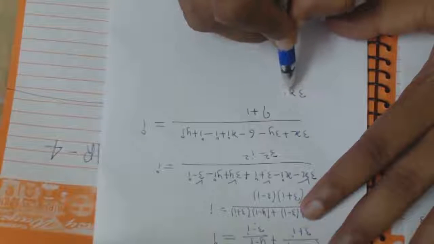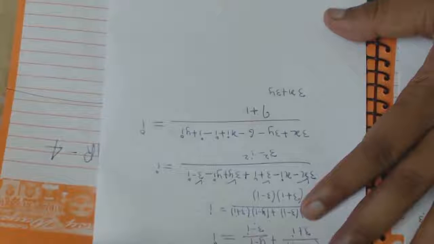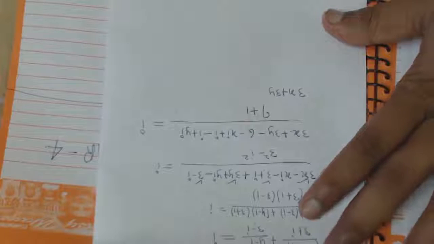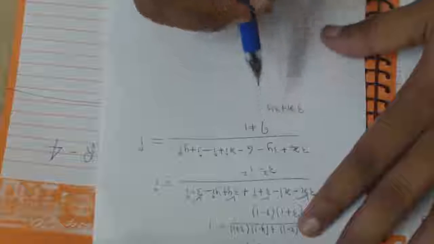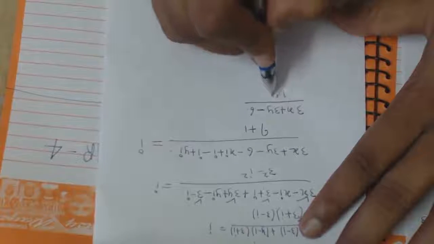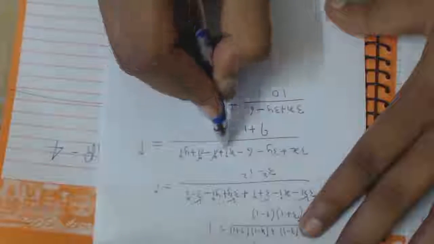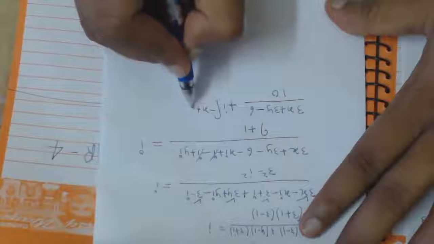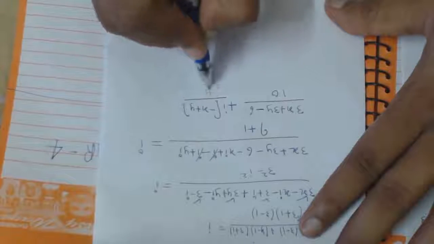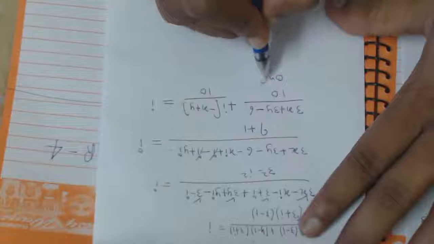Now this 3x plus 3y minus 6 over 10 is the real part. For this iota, iota cancels out, minus x plus y over 10 is equal to iota on comparing.